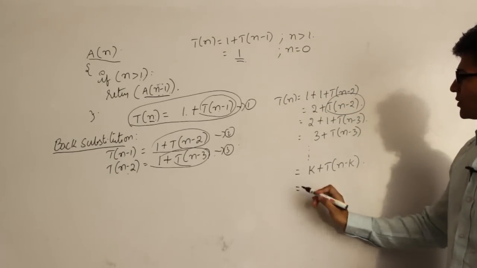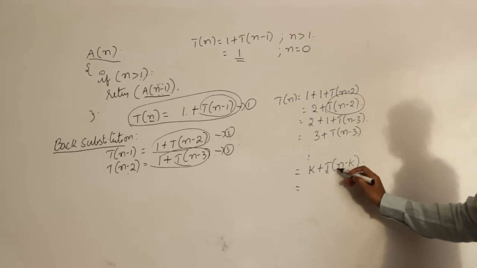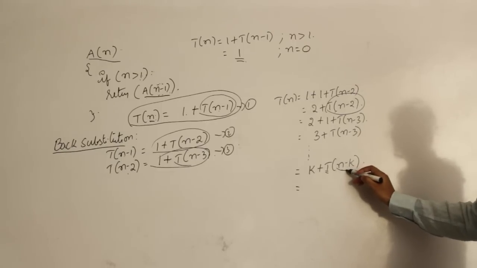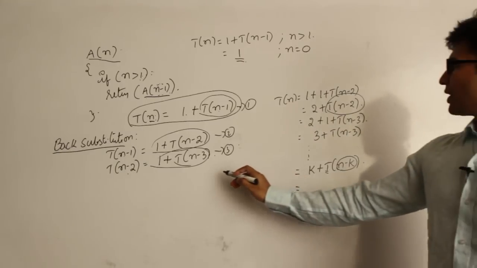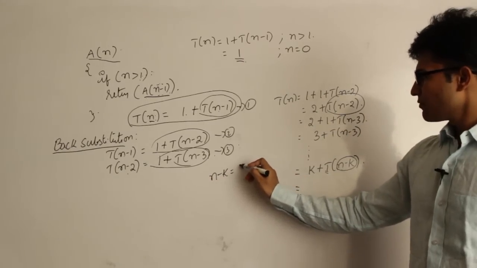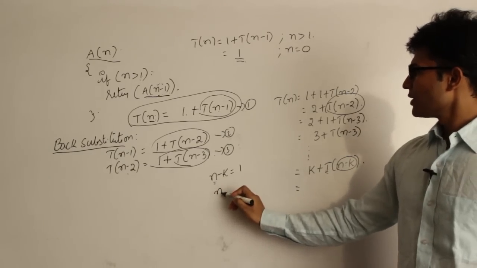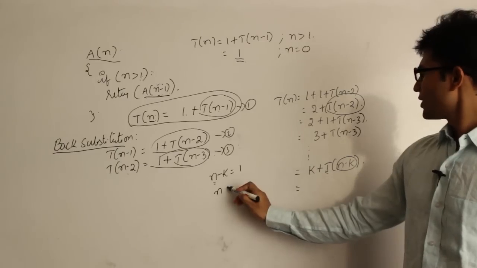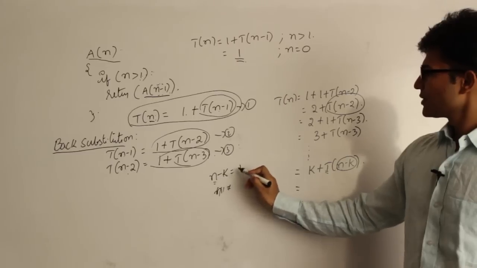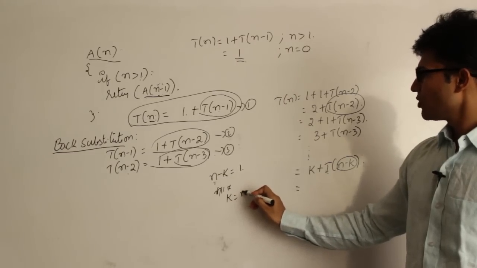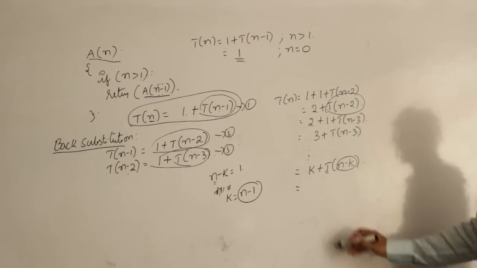Now, if you want to eliminate this term, you should get t of 1 here. If I have to get t of 1 here, then n minus k has to become 1. For what value of k will n minus k become 1? For k equal to n minus 1, this value will become 1, which means in place of k I am going to write n minus 1.